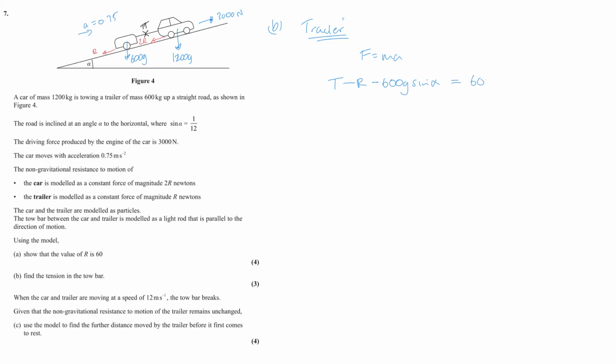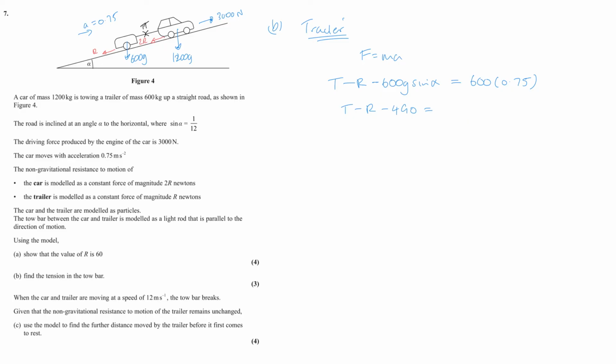And that equals 600 times 0.75. So 600 times 9.8 times 1/12 is 490. So I got T minus R minus 490.